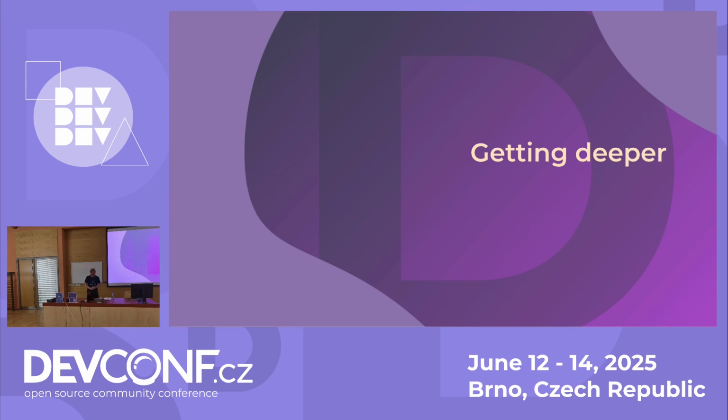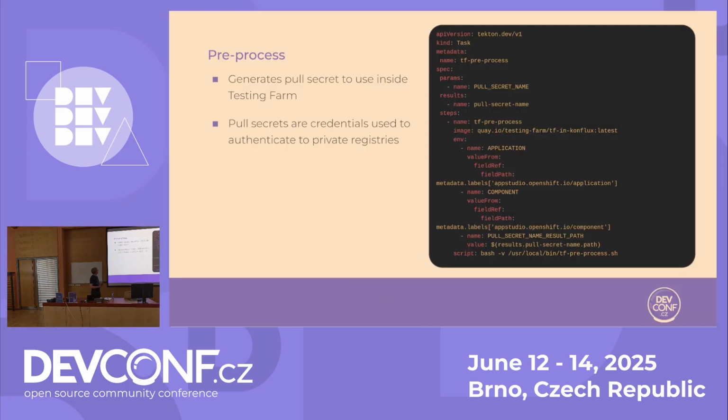Let's get into the technicalities of how the integration pipeline works. The pipeline consists of four tasks. The first one is pre-process. Currently, this task's only job is to generate the name of the pull secret for the corresponding component you want to test. Pull secrets are basically credentials used to authenticate to private registries.